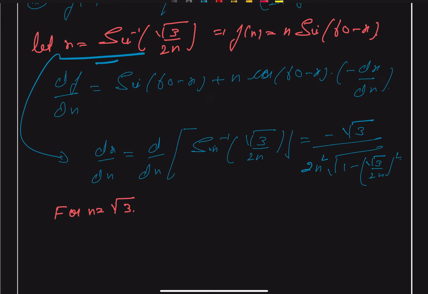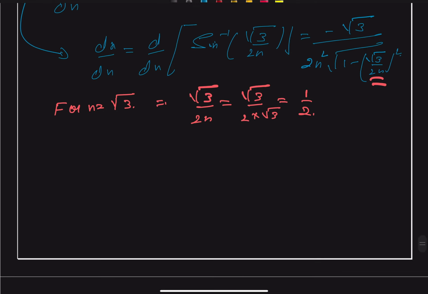So let us first calculate this part. We get square root of 3 divided by 2n equal to square root of 3 divided by 2 multiplied by square root of 3. This gives us 1 by 2. And we can say that our x, which is sine inverse of 1 by 2, gives us 30.